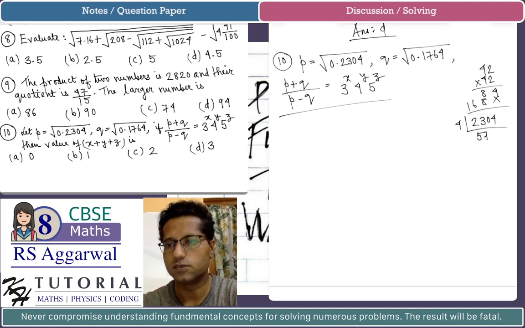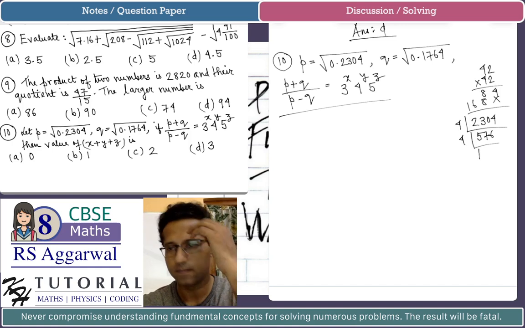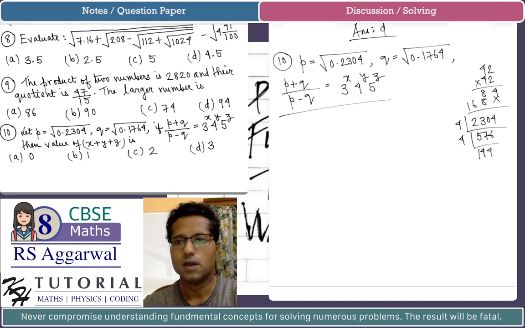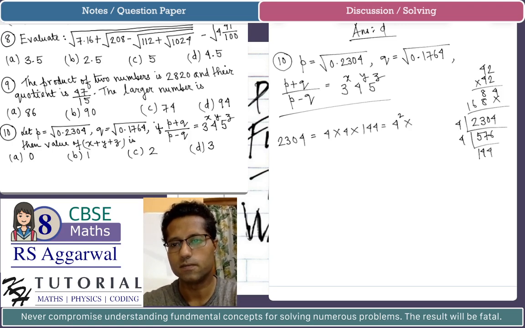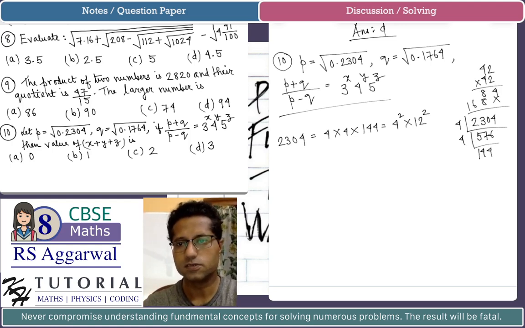It should again divide by 4, and again by 4. Okay. So it is a perfect square. We can see 2304 is equal to 4 multiplied by 4 multiplied by 144, which is equal to 4 square multiplied by 12 square.